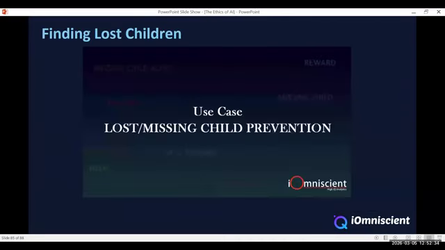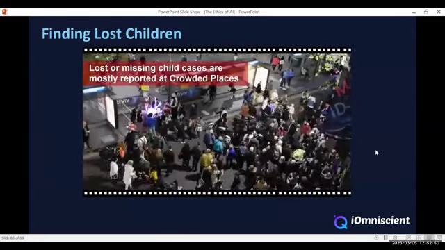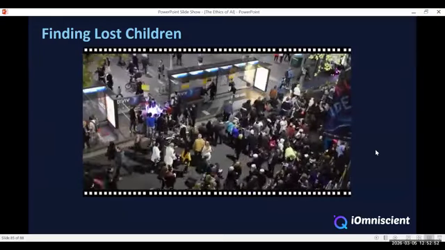Let me give you a final use case that is extremely interesting. What happens when you lose children? Children can often get lost or go missing in crowded places.